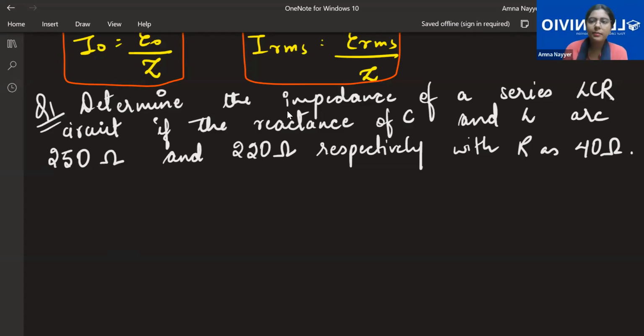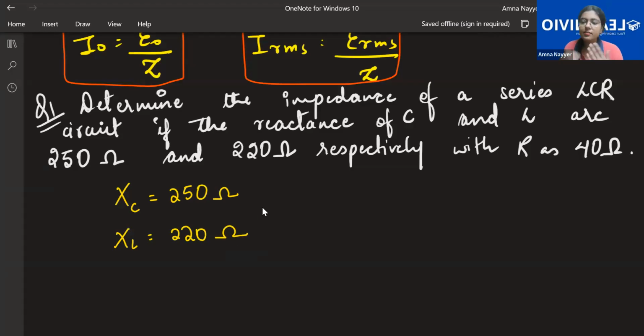Determine the impedance of a series LCR circuit, the reactance of capacitance and the inductance. What is this given? The reactance of capacitance means XC, the capacitive reactance. It is given as 250 ohm, and inductive reactance means XL, that is 220 ohm.